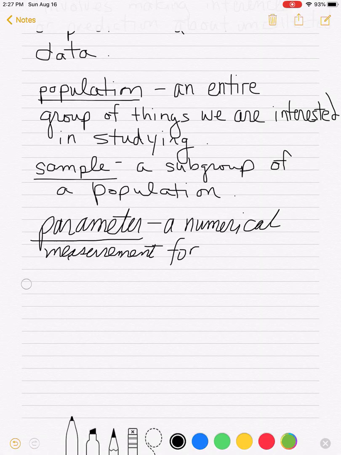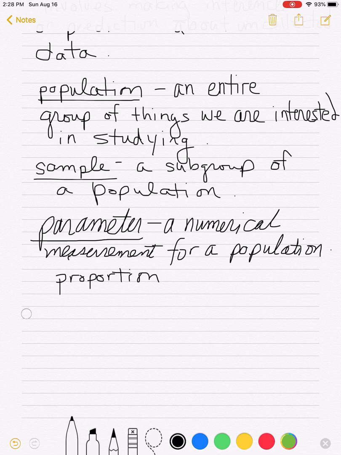An A back there for a population. So some common parameters that show up a lot are proportion, or sometimes called percent. So what percent of people have brown eyes, for example?